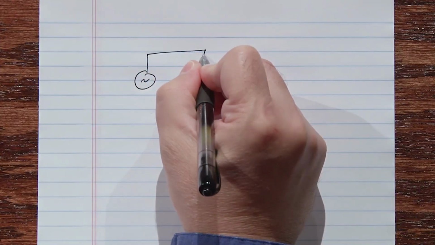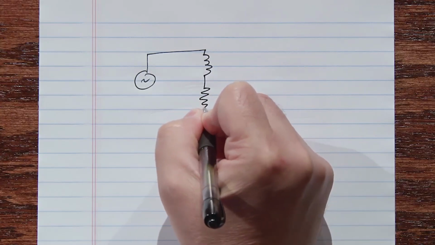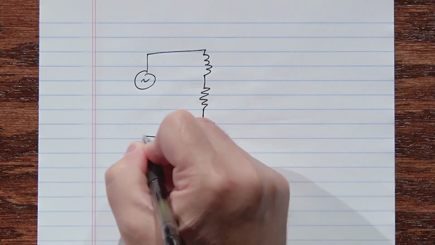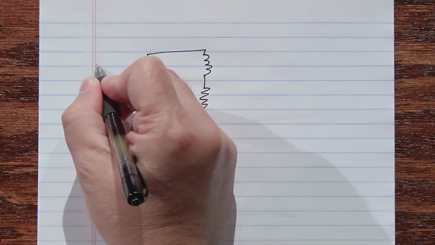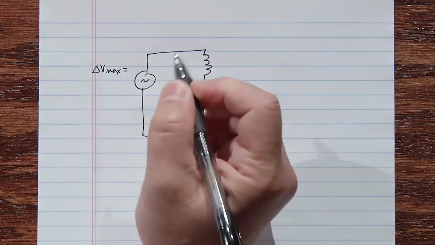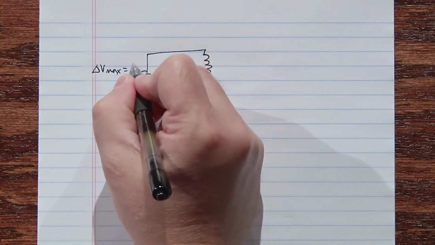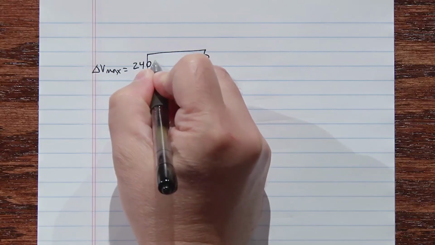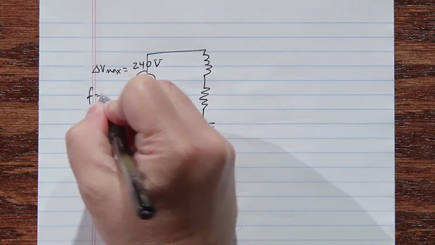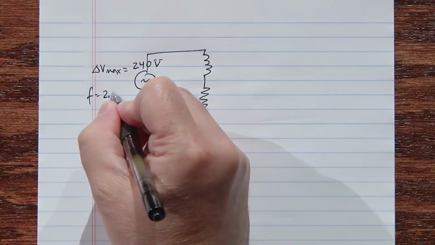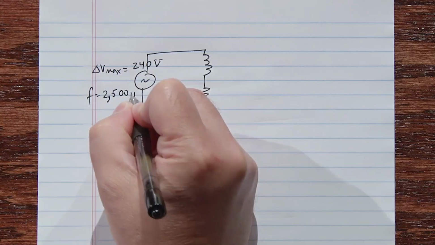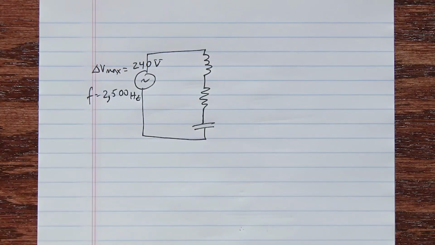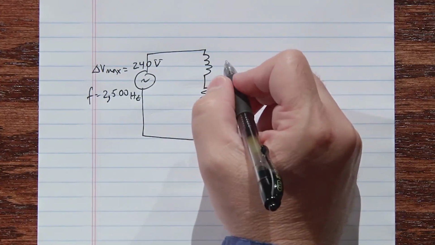Here we have our alternating voltage source, and we have L, R, and C connected to that alternating voltage source in series, where delta V max is equal to 240 volts. The frequency is 2.5 kilohertz, or 2,500 hertz.